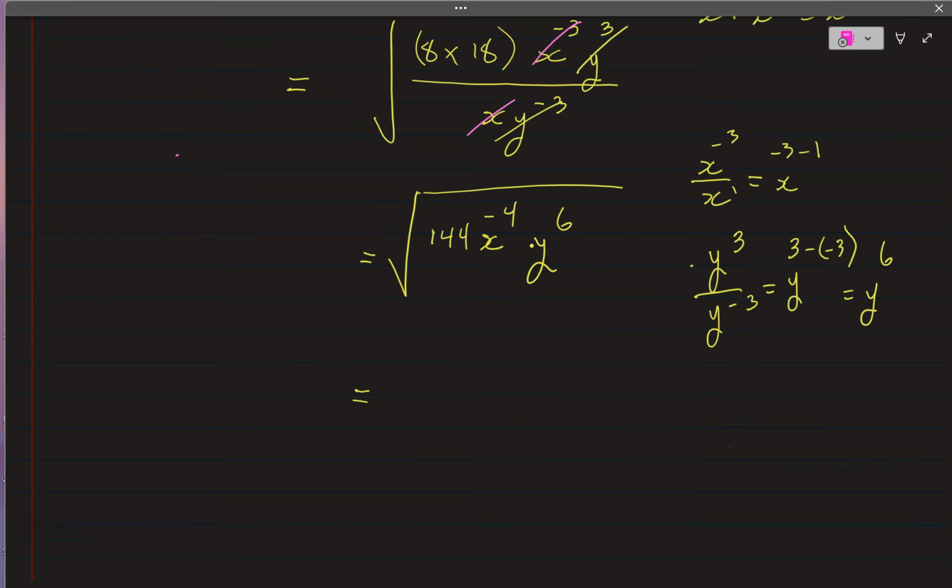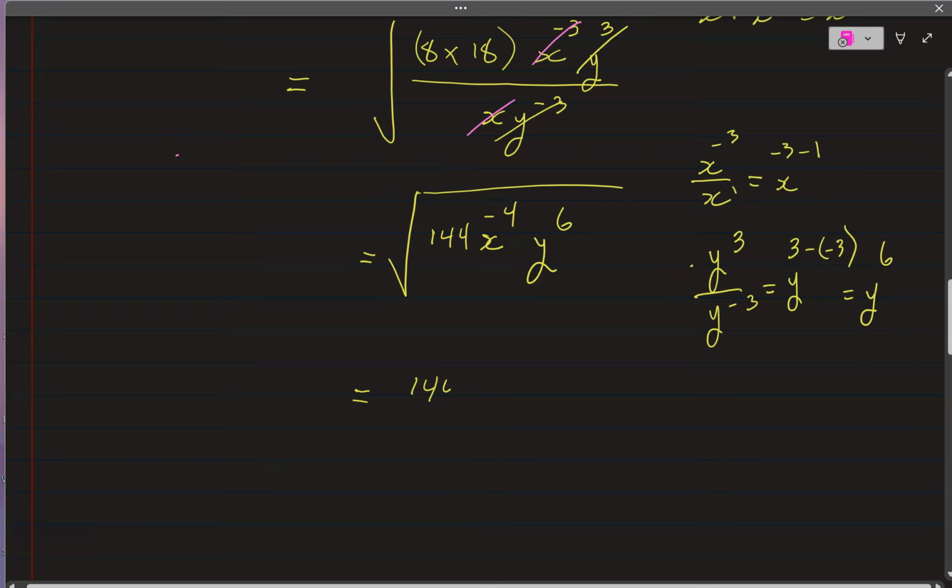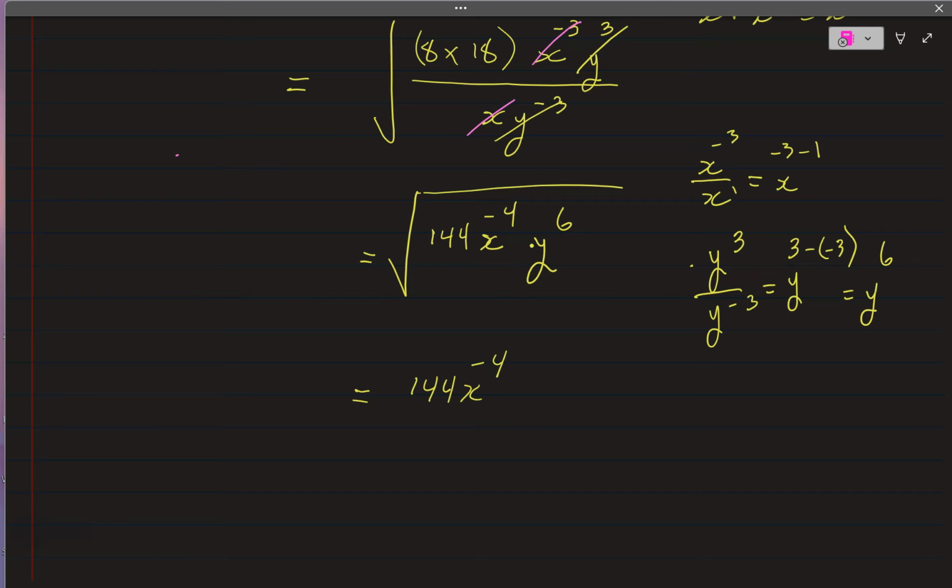Square root of 144, that's 12. And now, actually, let's do the exponential form. So now we're going to change that 144 x to the negative 4, y to the 6, all of that to the 1/2, because that's what the square root means. The square root, remember, this is the r, this is a, this is n.